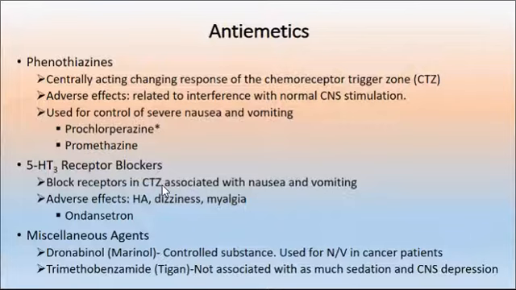It can be given by injection, IV, IM, pill, or even a sublingual to dissolve for rapid release for that really nauseated person. Adverse effects are headache, dizziness, muscle aches. Because it's working in that chemoreceptor trigger zone, you have the central nervous system symptoms with it.